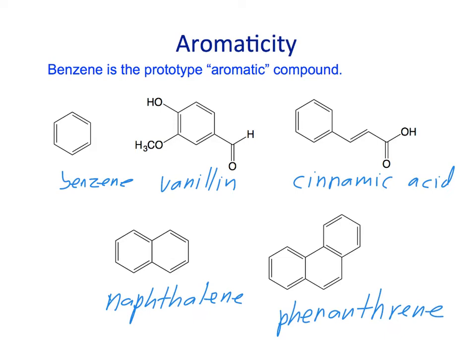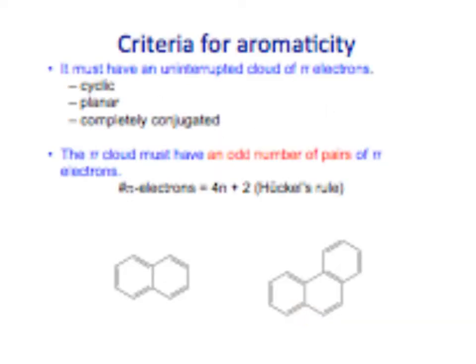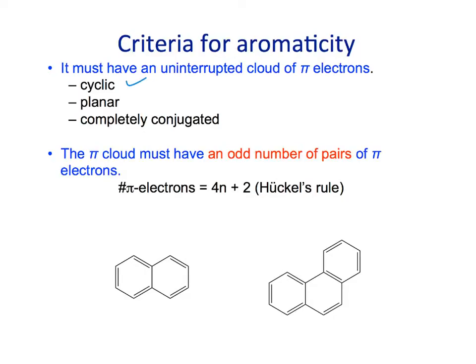All right, so what do these all have in common then? If these are all aromatic, what does it take to become aromatic? All right, so there's a couple of things. So I've got it listed as two main criteria here. The top one is that it must have an uninterrupted cloud of pi electrons. Okay, so that means that it has to be cyclic, it has to be planar, and it has to be completely conjugated.